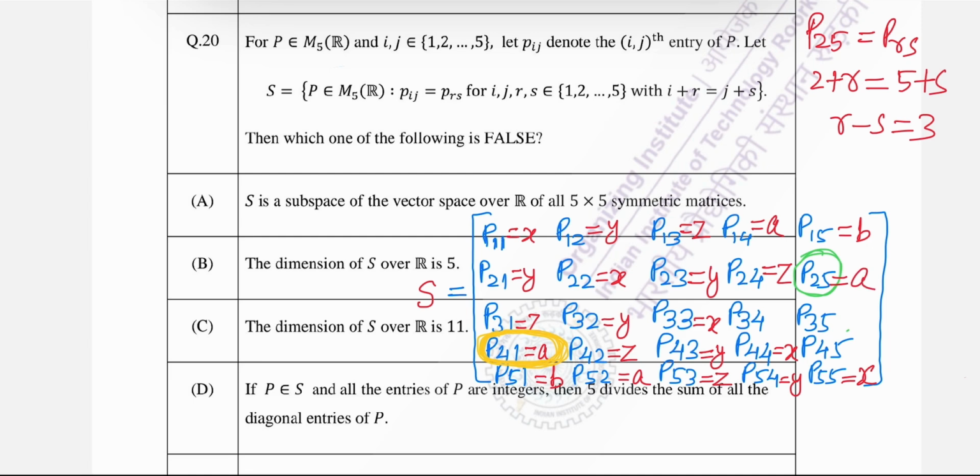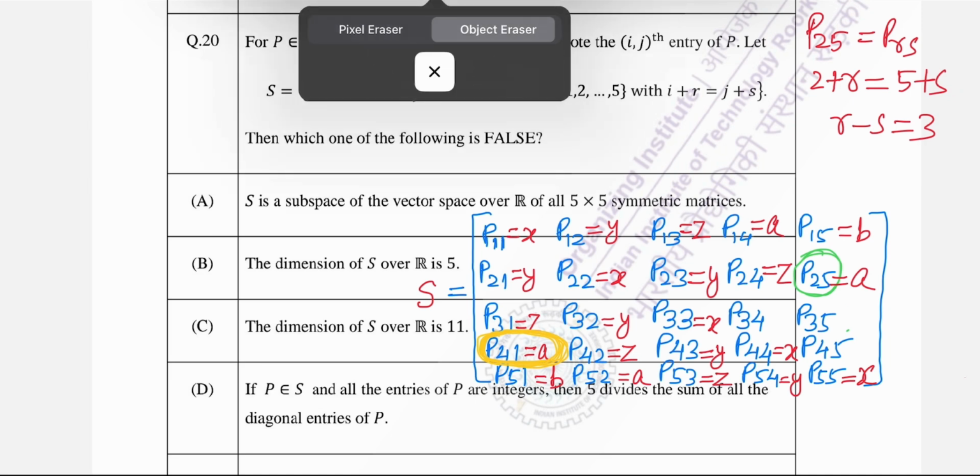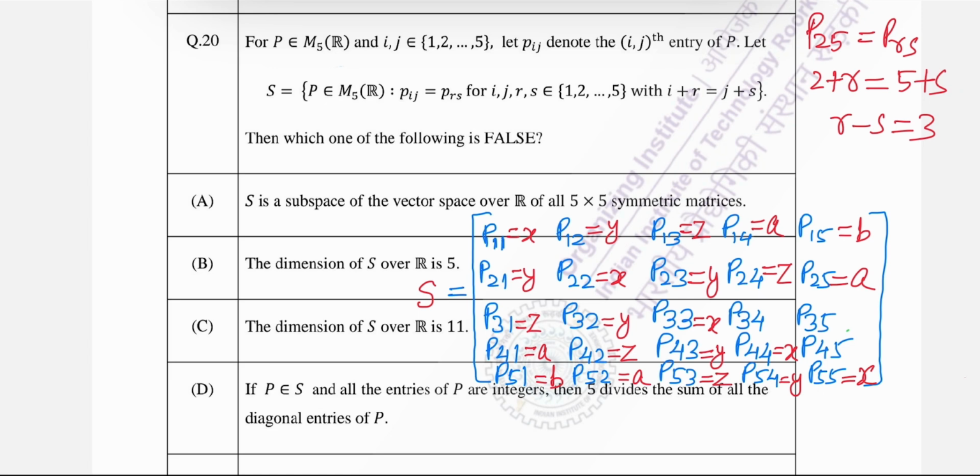In the same way we have to do for all the elements. Now I take the next element as P34, and so I have to erase this one. Now I work for P34. I write in red P34.